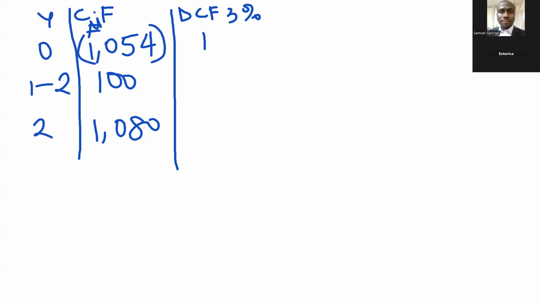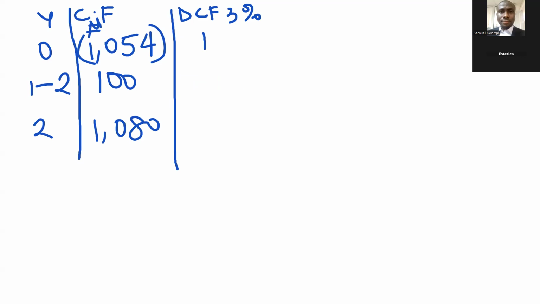R is 3%. 3 divided by 100, it is equal to 0.03. 0.03 plus 1, it is equal to 1.03. So just say 1 divided by 1.03. What do we have? I have 0.971. That's the discount factor.